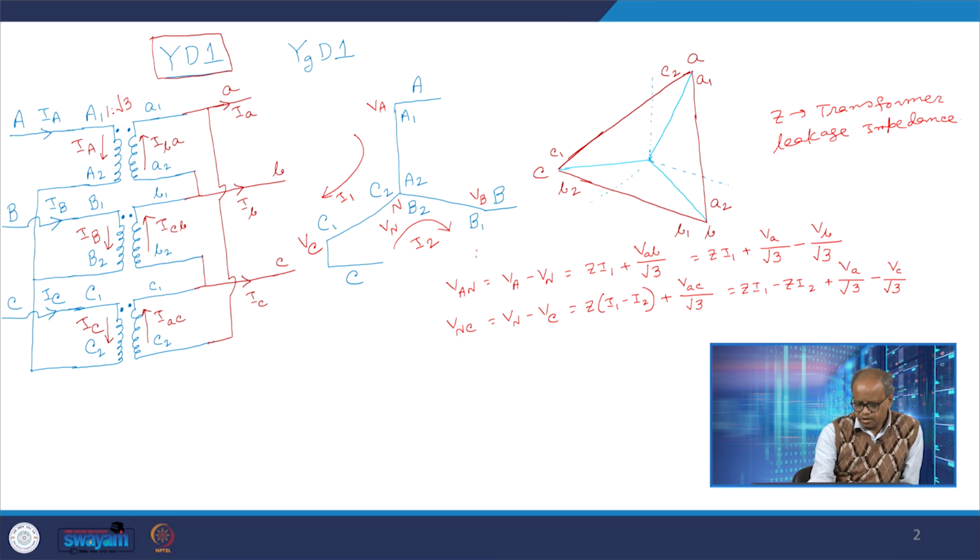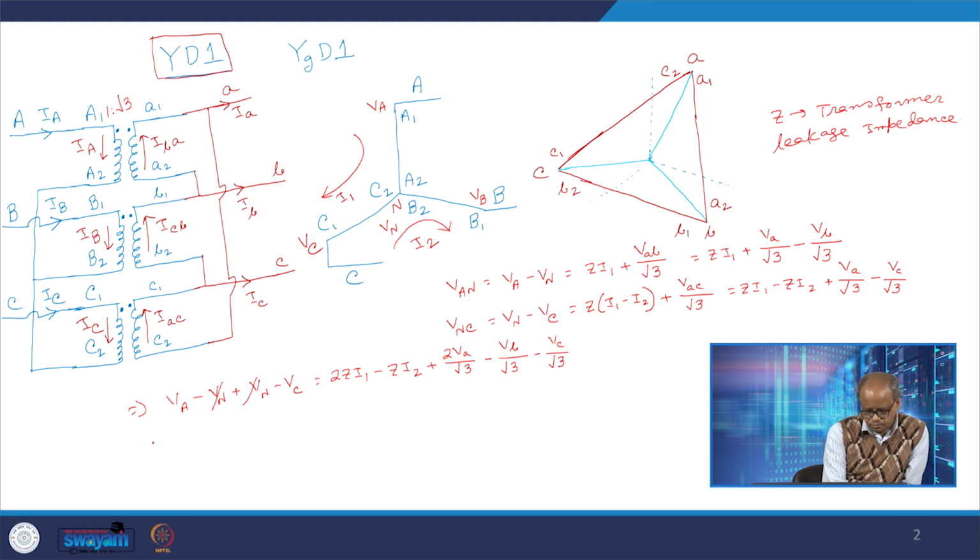If I now add these two equations, VA minus VN plus VN minus Vc, so this VN cancels out. That would be 2 into Z I1 minus Z I2 plus 2 VA by root 3 minus VB by root 3 minus Vc by root 3.